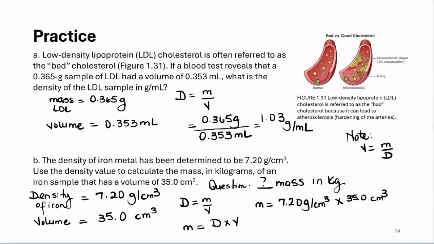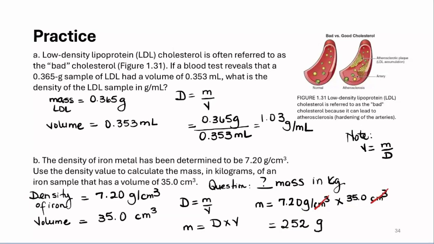When I do this multiplication, the term centimeter cubed cancel, and the mass that I obtain is going to be in grams. So let me use my calculator and take 7.20 and multiply it by 35.0. Overall, I get a value of 252 grams. This measurement has 3 sig figs. This one has 3 sig figs, and my calculator display illustrates 3 sig figs.